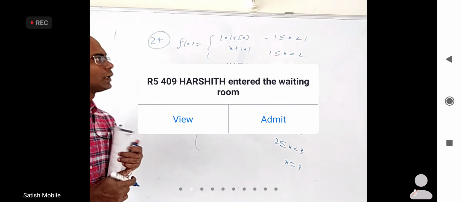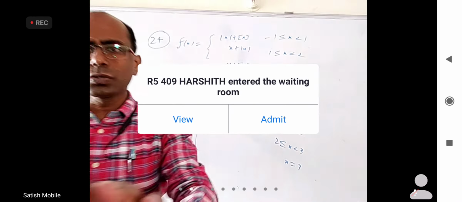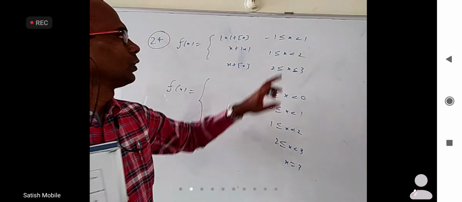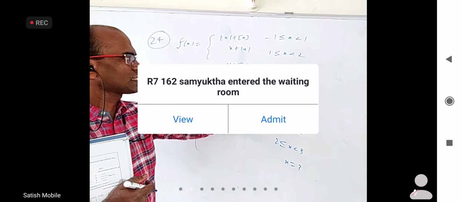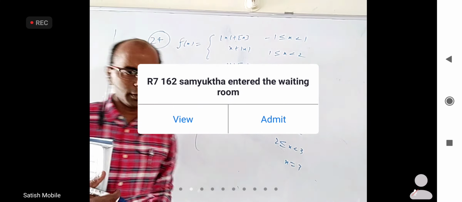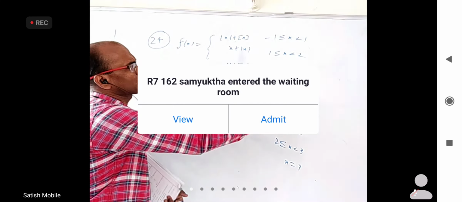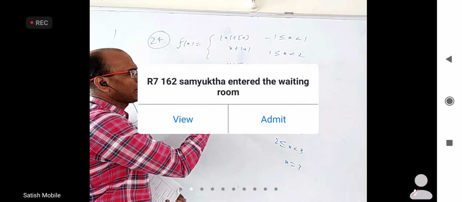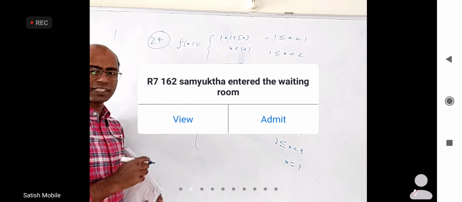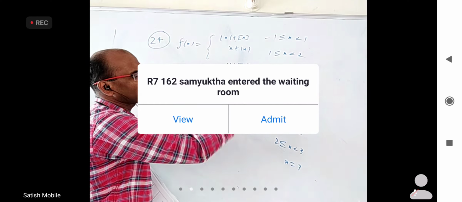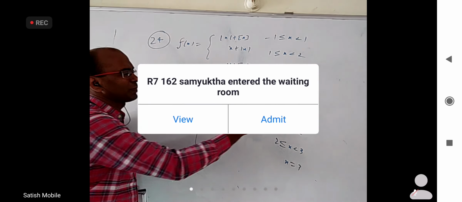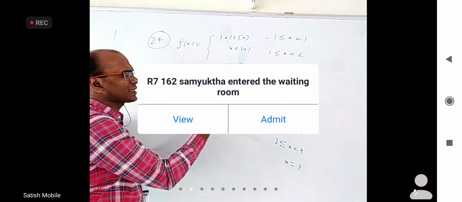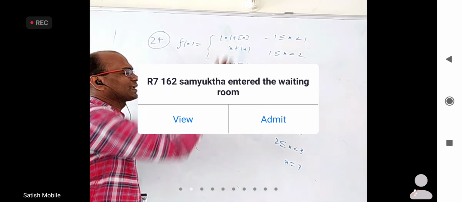This itself I am further making into two parts, minus 1 to 0 and 0 to 1. This is as it is, this is up to open 3 separate, and 3 separate. Between minus 1 to 0, mod x I have to write minus x because x is negative, and integer part of x I have to write minus 1. Whereas between 0 to 1, mod x is plus x because x is positive, and integer part of x is 0.